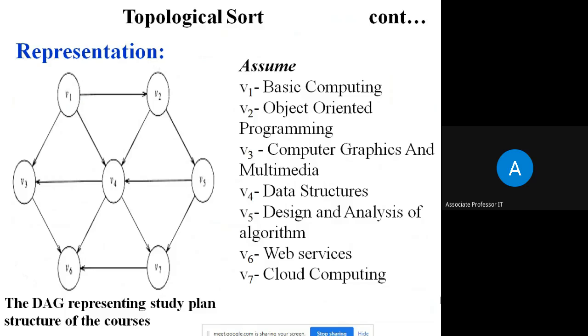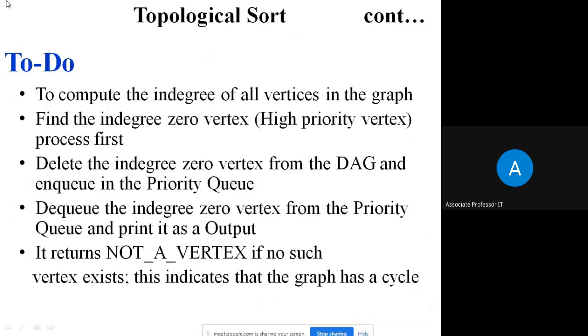So now we can do the procedure for the problem, which is based on the to-do list. First of all, compute the indegree of all vertices in the graph. Then find the indegree zero vertex and process it first. Indegree means how many incoming edges a node has.